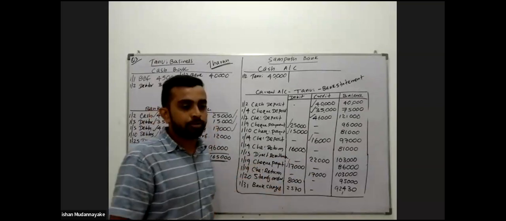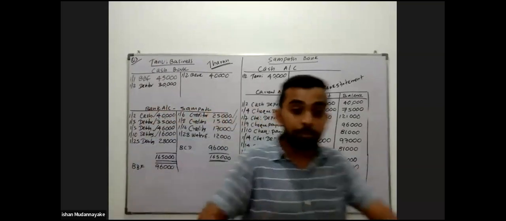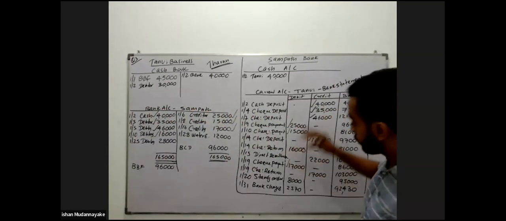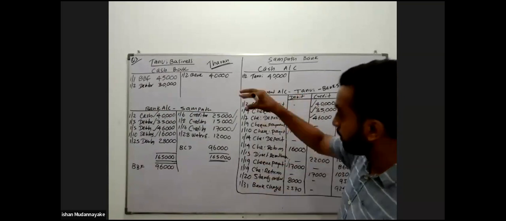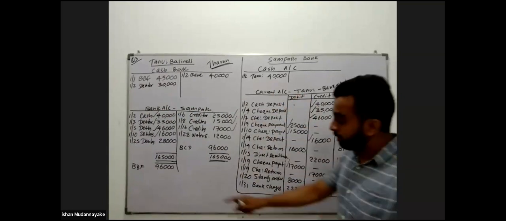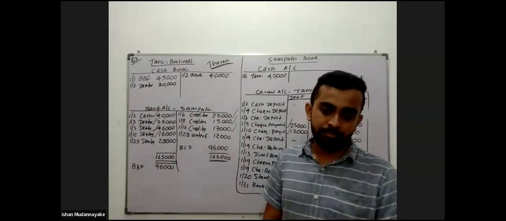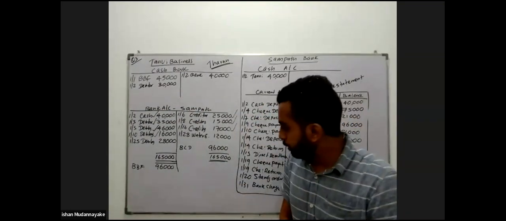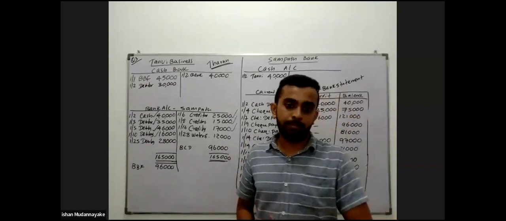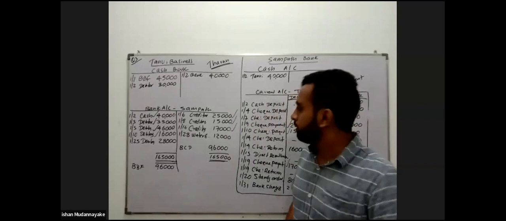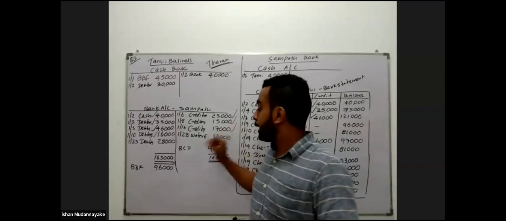Tarun has not recorded some of the transactions in the bank account. So this 96,000 is an incorrect bank balance.